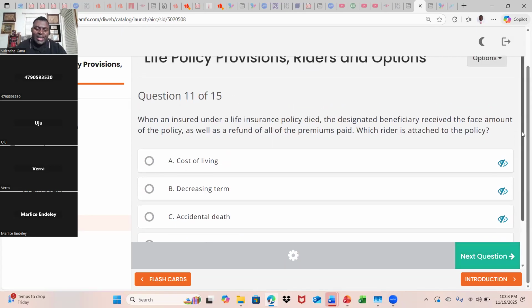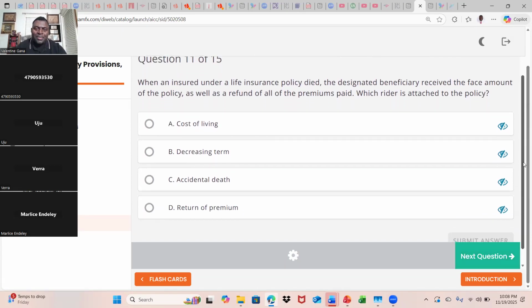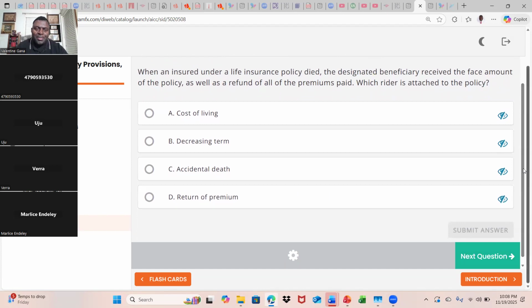All right. Lady Endeli, you want to read this one? Okay. When an insured under a life insurance policy dies, the designated beneficiary receives the face amount of the policy, as well as a refund of all the premium paid.